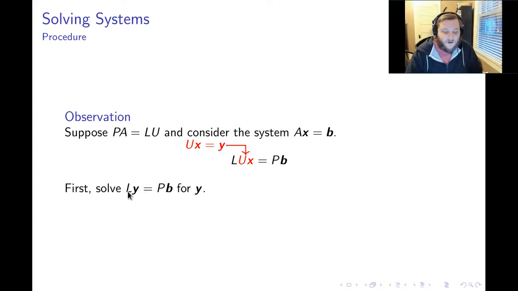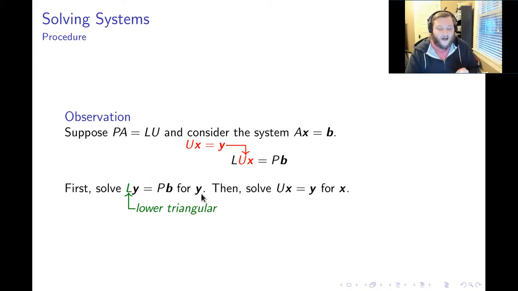Let's solve L times Y equals P times B for Y. Then we can solve for X by using U times X equals Y. The reason for breaking the problem up like this is that when we go to solve LY equals PB for Y, L is a lower triangular matrix, so that system is actually easy to solve. We just look equation by equation, solve for a variable, and then substitute into the next equation.